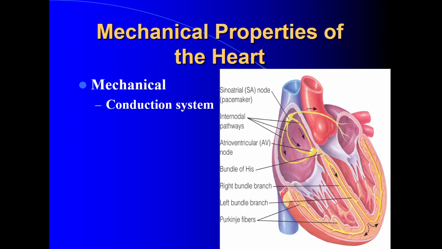And here you can see how this conduction system is formed. A lot of nodes are localized: the sinoatrial node, internodal pathways, atrioventricular node, bundle of His, right bundle branch, left bundle branch, and Purkinje fibers.